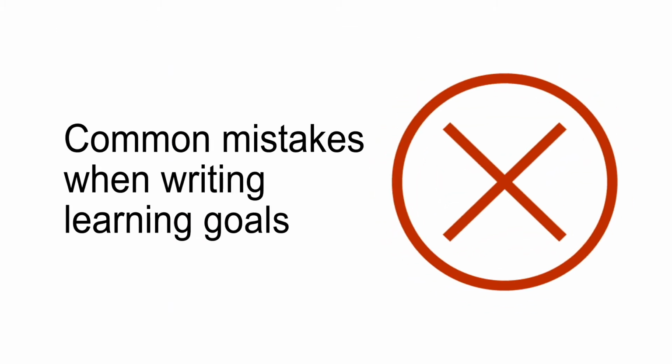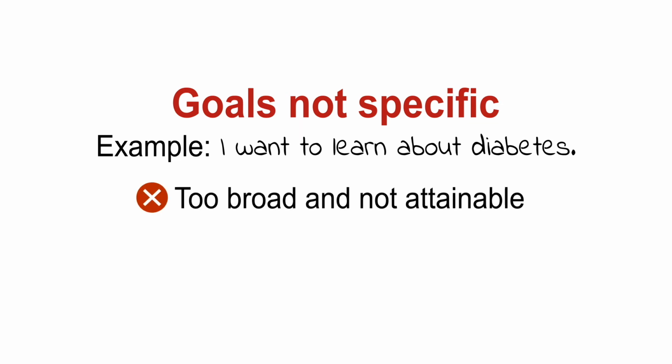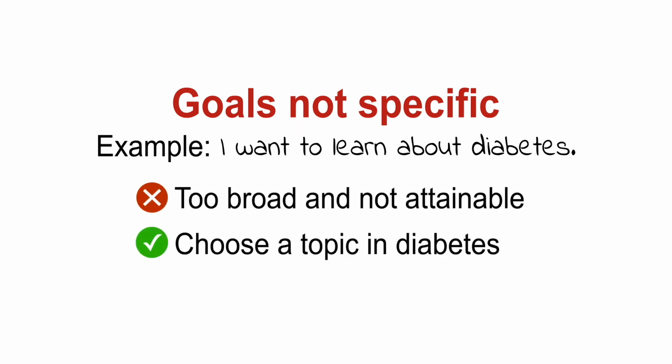Now let's look at the common mistakes when writing goals. Goals not specific. For example, I want to learn about diabetes. This is too broad and not attainable. Choose a topic in diabetes such as glycemic index, adjusting insulin, etc. No learning identified.